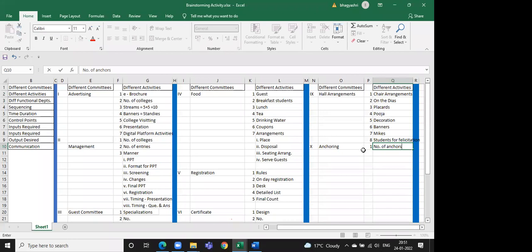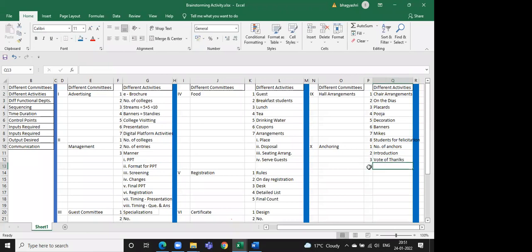They give the description of the guest, why we are holding such an event, and some introductory remarks on the college. So the number of anchors, then some anchors for the introduction of the event and speakers, and someone giving the vote of thanks.